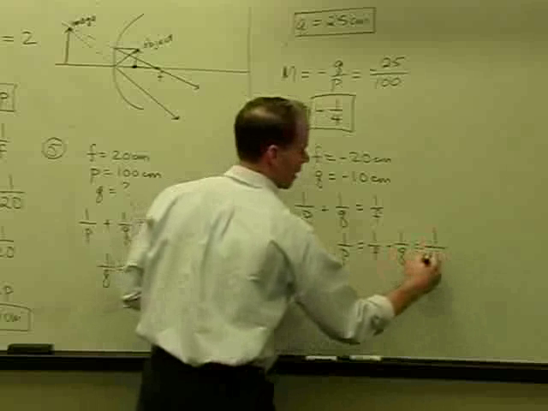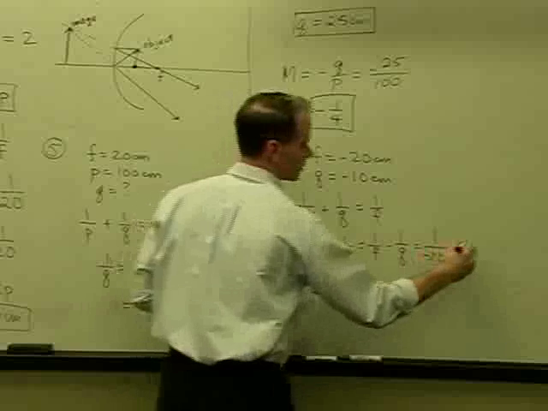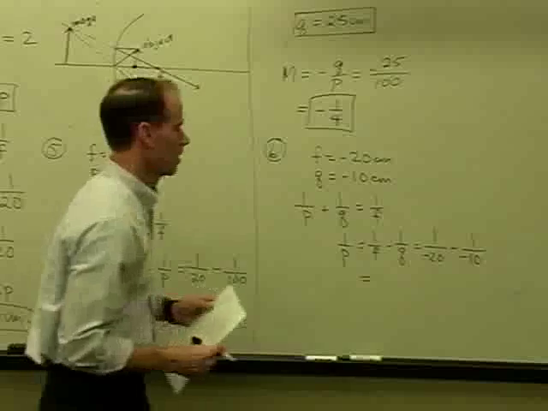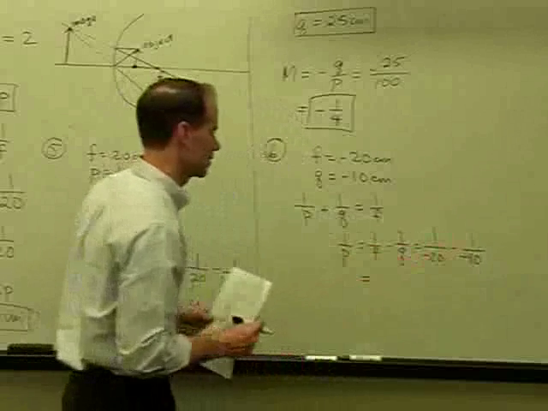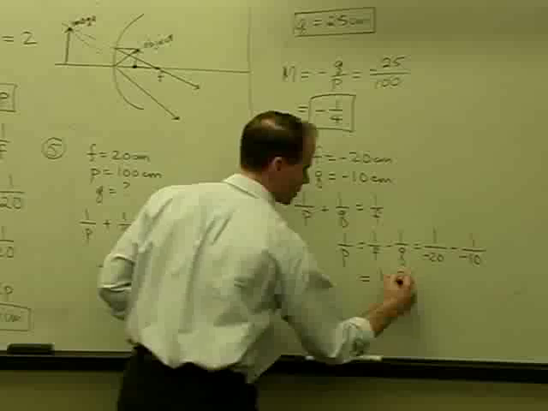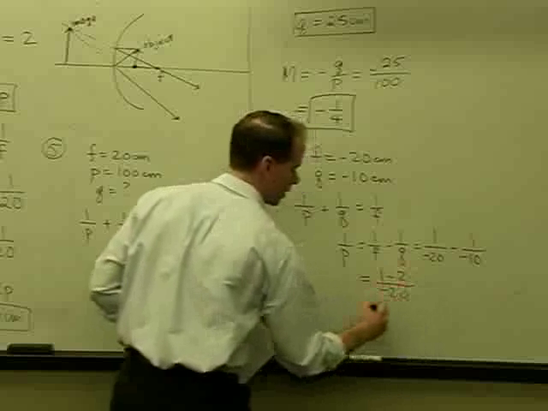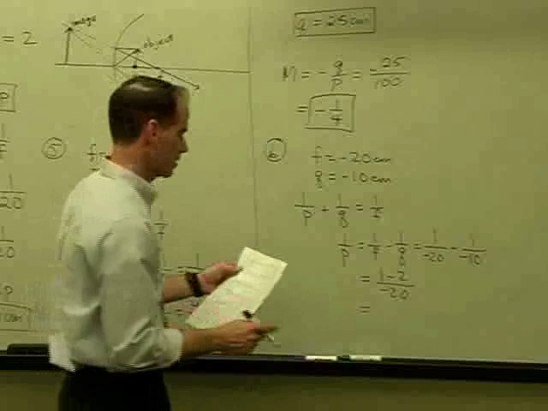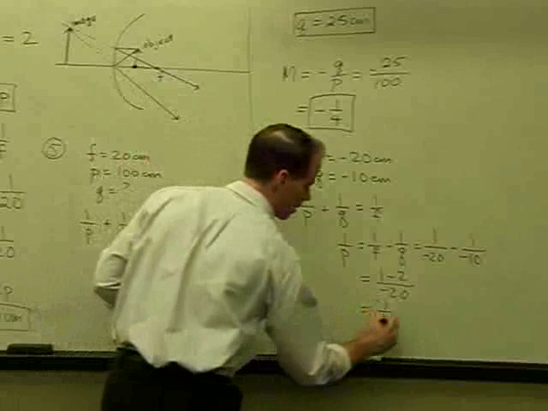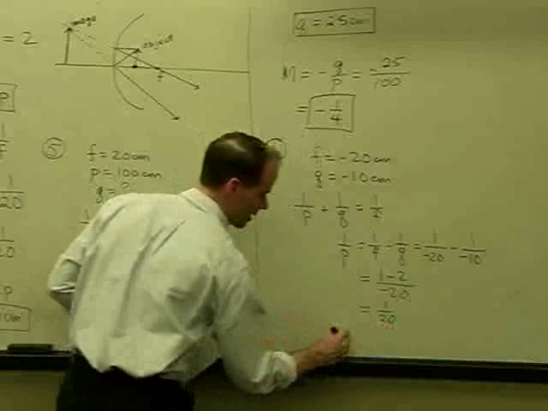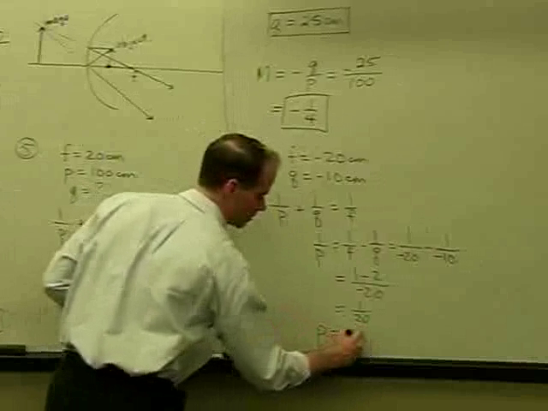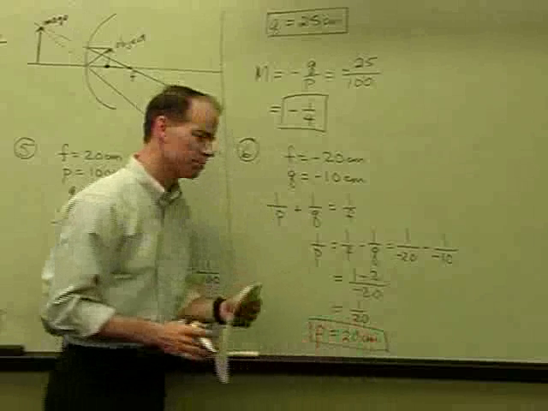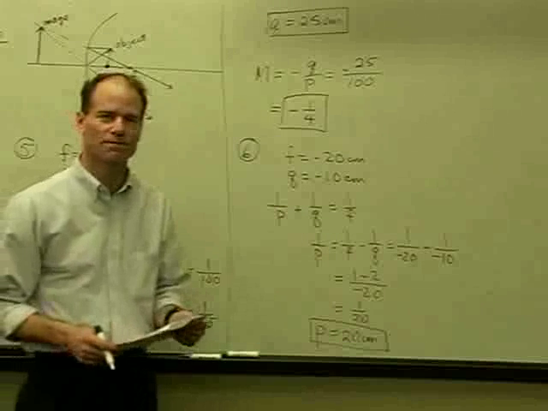That's going to be 1 over negative 20 minus 1 over negative 10. Multiply top and bottom of this one by 2. So we'll have 1 minus 2 over negative 20, which will be negative 1 over negative 20, which will give us 1/20th. And hence, P would be equal to 20 centimeters. So the object distance will be 20 centimeters.